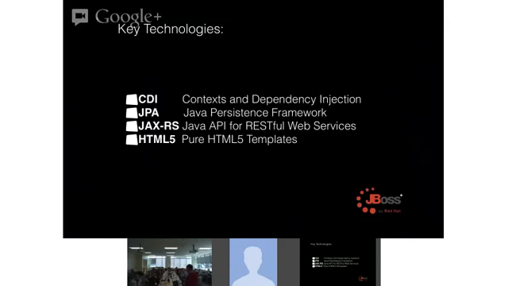CDI is the context and dependency injection standard. It's JSR 299, which is part of the Java specifications body known as the Java Community Process. It basically lays out a standard of how to build applications. It's like a standardized version of Spring or Guice.